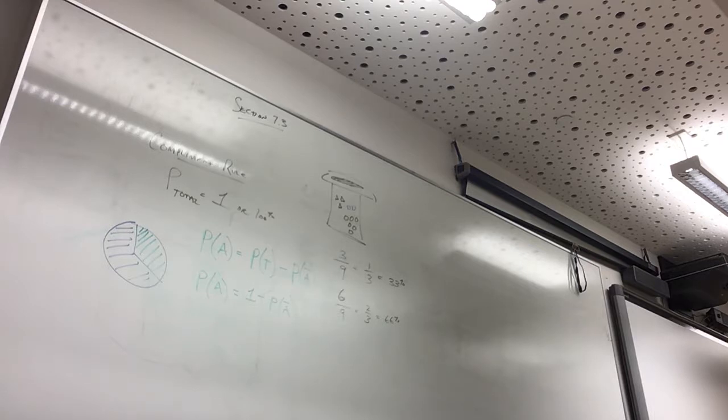1 minus, 100% minus. Okay, so let me restate the question one more time. Okay. There is a 1% chance of winning the lottery. What is the probability of not winning the lottery? So, 1 is the total. Okay.